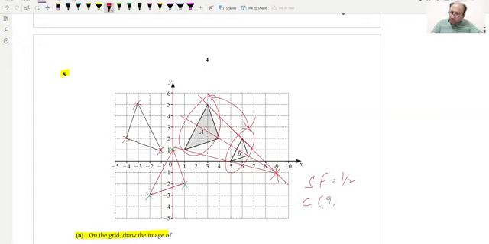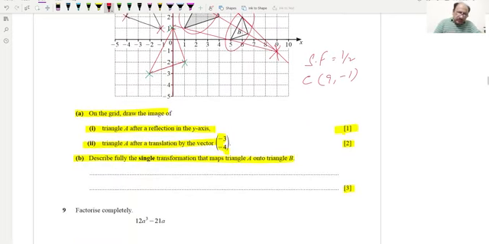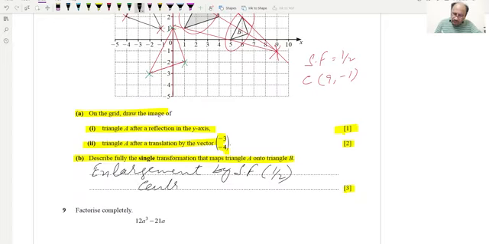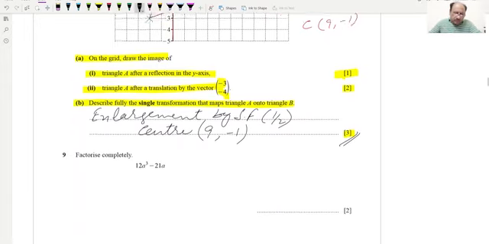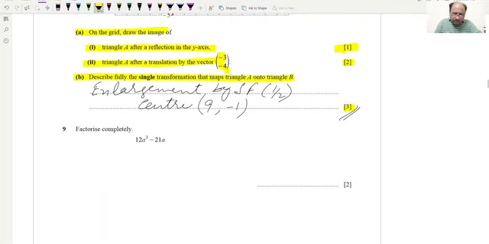So we can write it is an enlargement by scale factor 1 by 2, and the center of enlargement is 9 and minus 1, and this will be a 3 marks question. Now question number 9, we have to factorize completely.